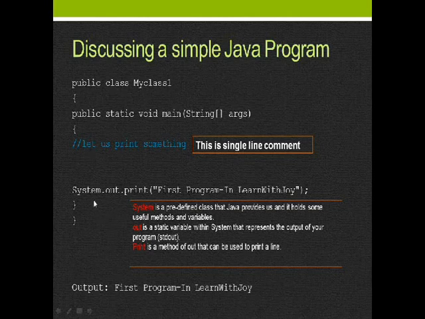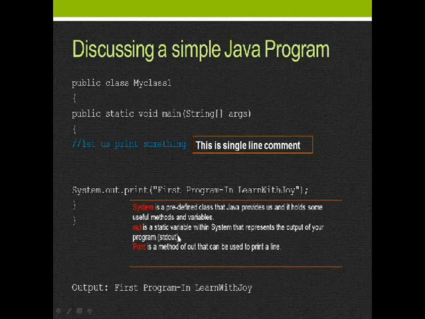And here we see System.out.print, or I may write System.out.println. System is a predefined class that Java provides us. It holds some useful methods and variables.